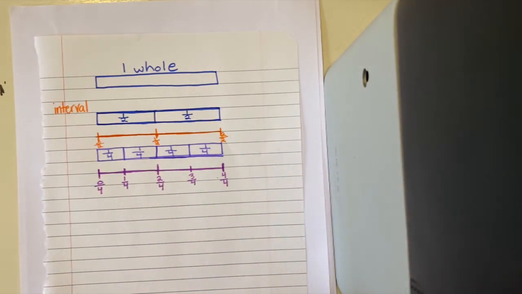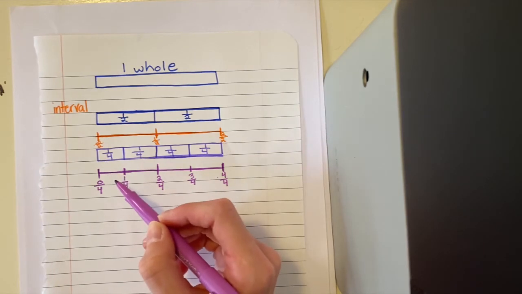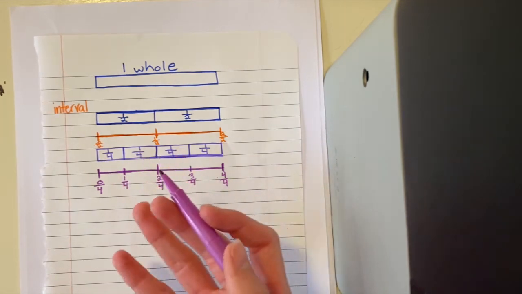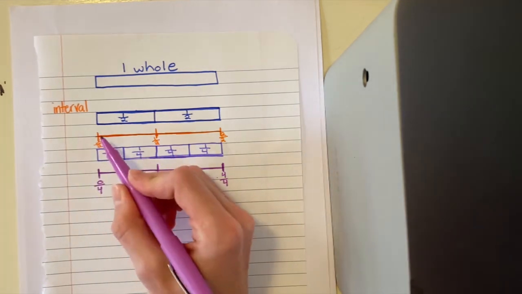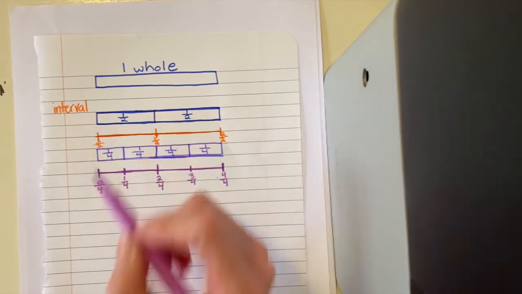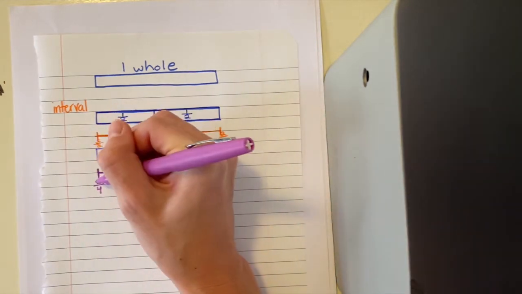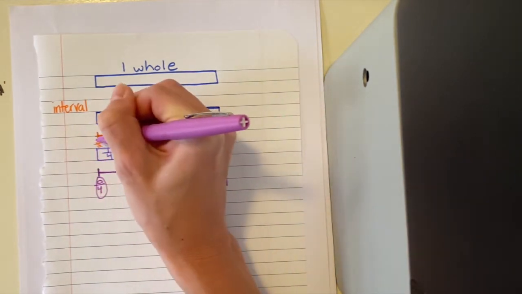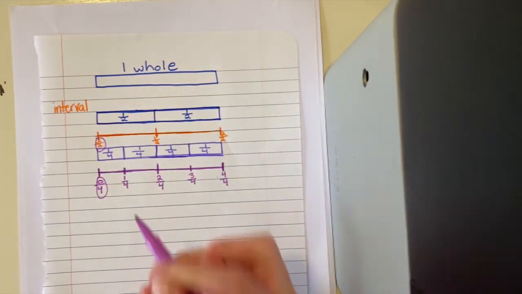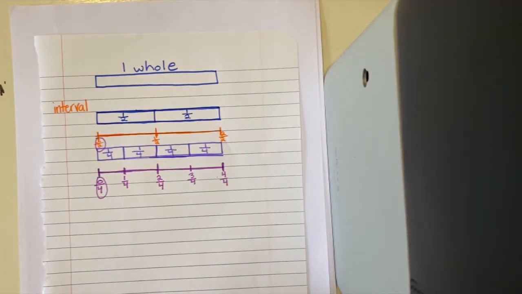Now, they may look different because the denominator is different. But even though the denominator is different, it is still on the same place on the number line. And because it's on the same place of the number line, that means that they are equivalent. I'm going to go ahead and circle them so you can see that they are equivalent.